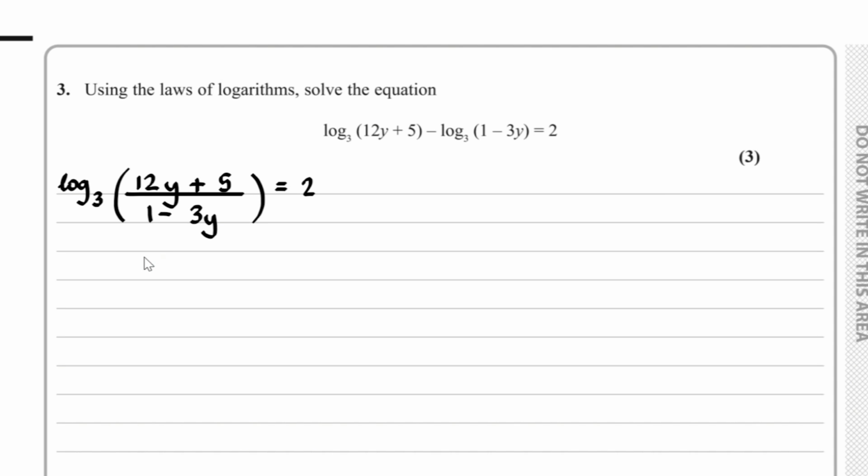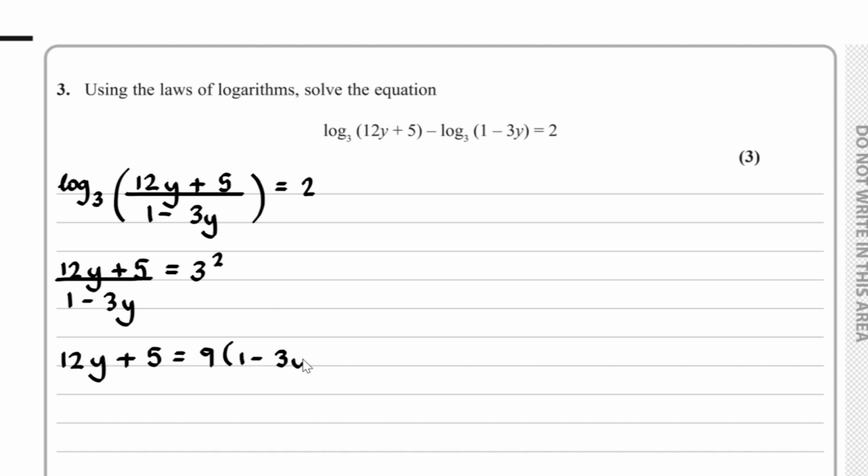We now need to antilog both sides. And if we do that, we end up with 12y plus 5 over 1 minus 3y. And this is equal to 3 to the power of 2. And recognizing that 3 to the power of 2 is equal to 9, and multiplying through by 1 minus 3y, you can see then we have 12y plus 5 equals 9, same as 3 squared, lots of 1 minus 3y.